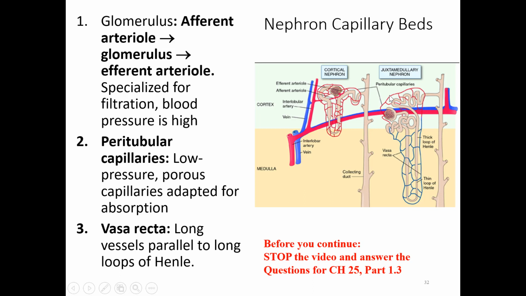And then the efferent arteriole continues as peritubular capillaries. They are here in the medulla. When they go down along the loop of Henle, they become more straight. Right now they are called vasa recta. So those are also capillaries. Before you continue, please answer the questions for part 1.3.